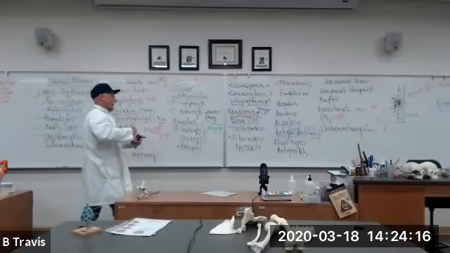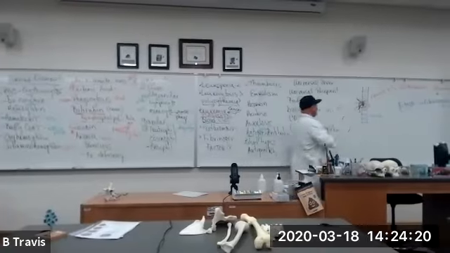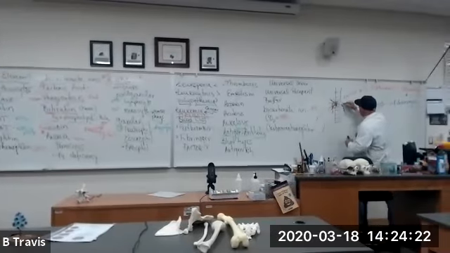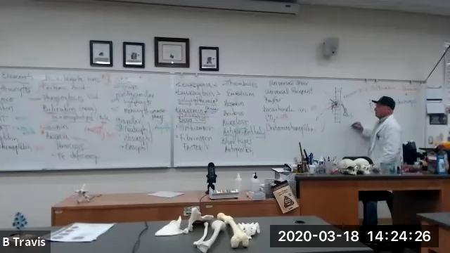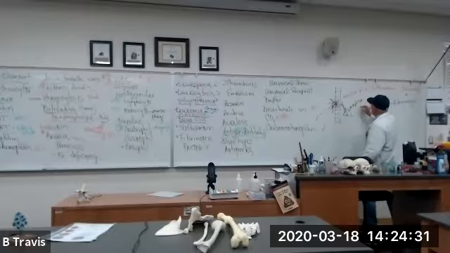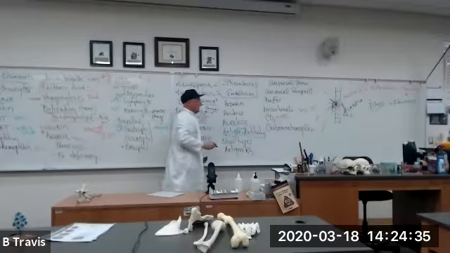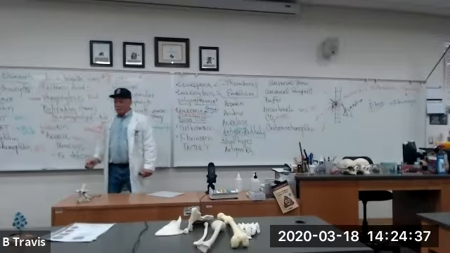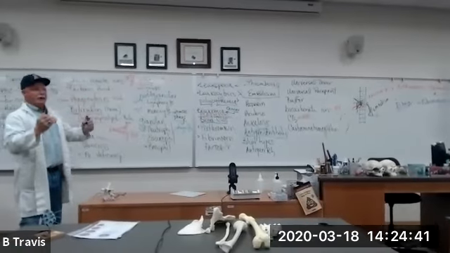If, and it happens, that thrombosis breaks free and begins circulating in the blood, it's no longer called a thrombosis, it's called an embolism. You've heard of pulmonary embolism. Embolism just means a moving blood clot.